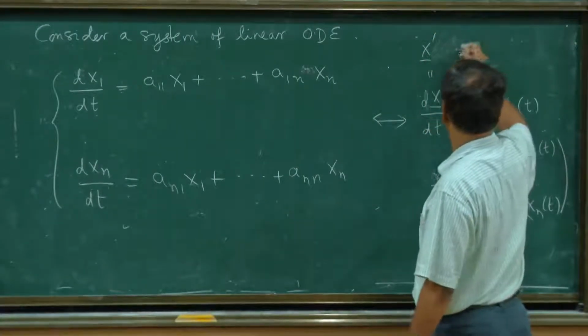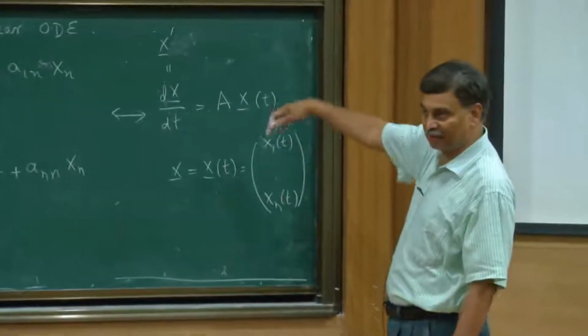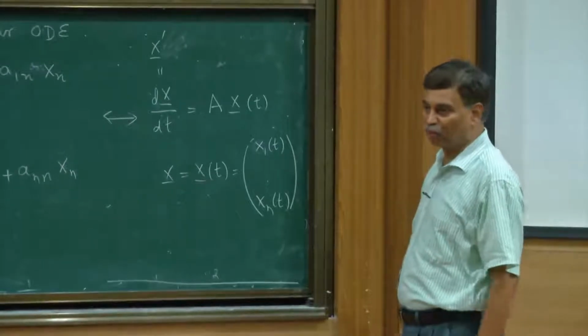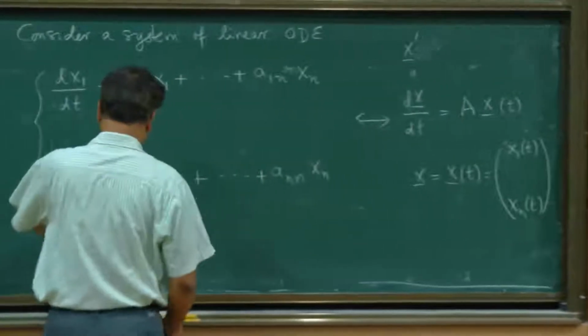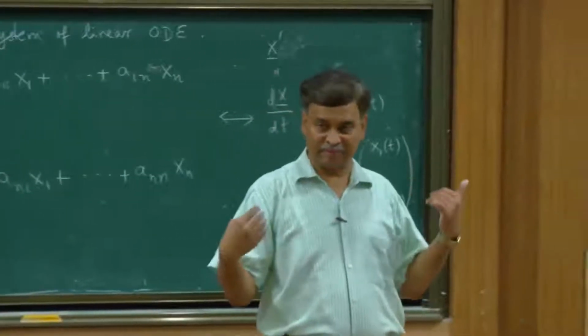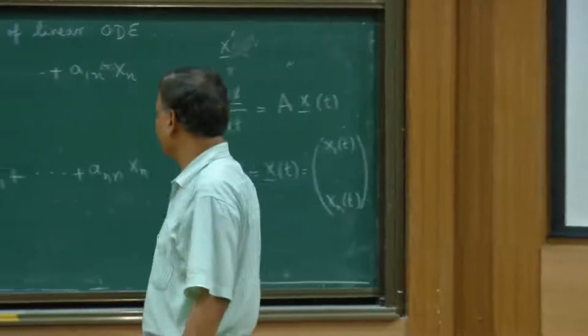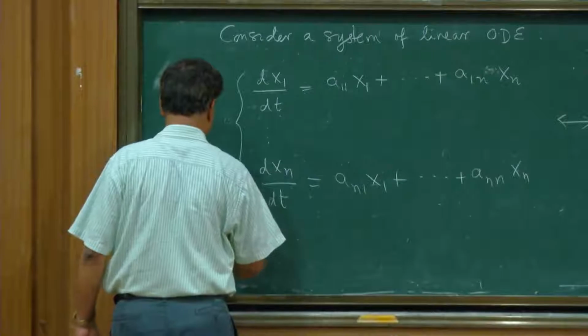So, x dash is equal to Ax, where x is now a vector. In books they will write it in boldface, so I will just write a bar below. Okay. Now, how to solve this? This is what we have just learned can help very much. So how to solve?